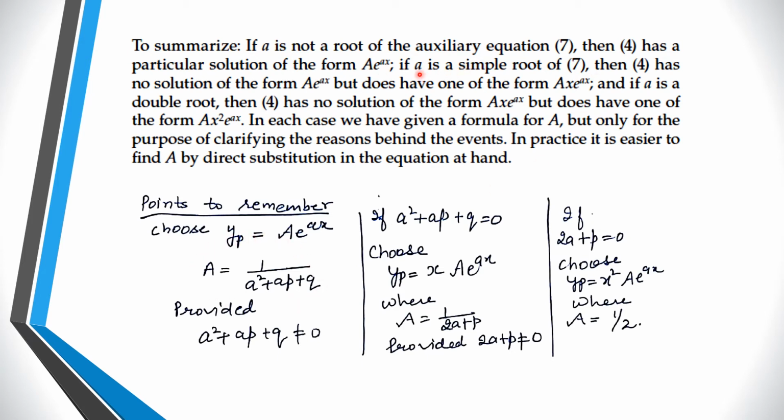But if a is a root of equation number 7, meaning a square plus ap plus q is 0, in that case you choose yp as A into x times e to the power ax, where the value of A is 1 over 2a plus p. But if this small a is the double root of this equation number 7, in that case again 2a plus p will be 0. So we have to choose yp to be x square times A into e to the power ax, where capital A is half.